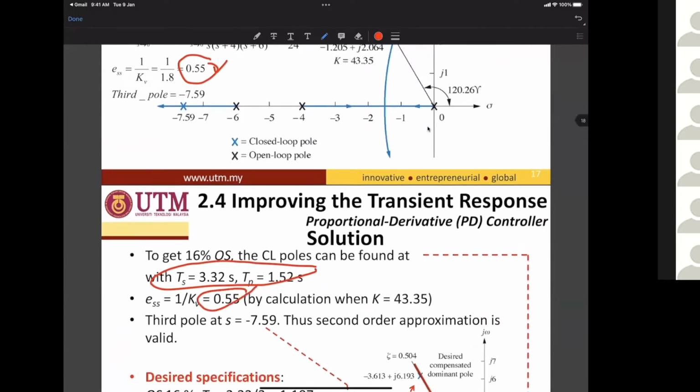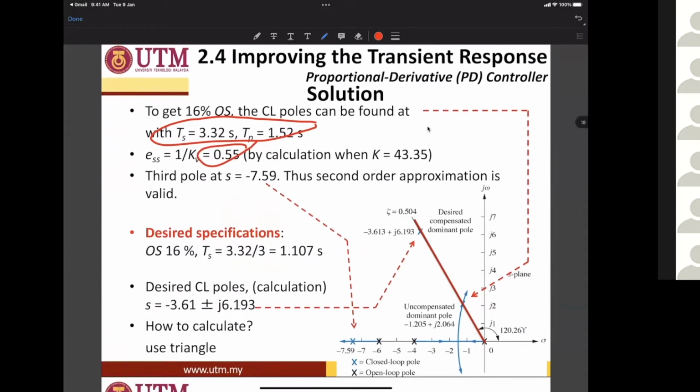Okay, so kita perlu lihat pada apakah kita punya desired specification, iaitu 3/4 reduction of settling time. So 1/3 multiplied by 3.32, so this is the new settling time after we implement the controller, which is 1.107.